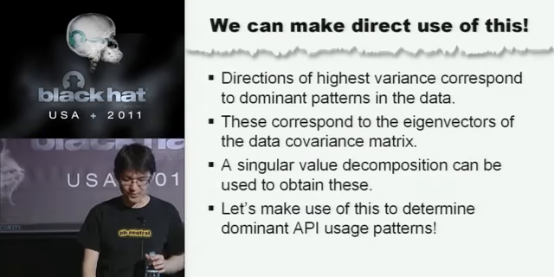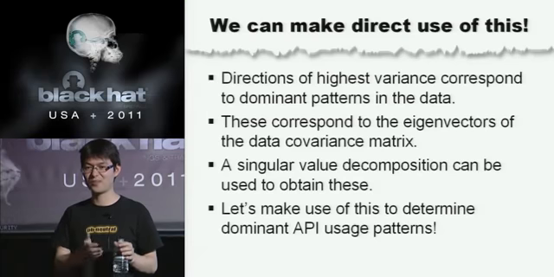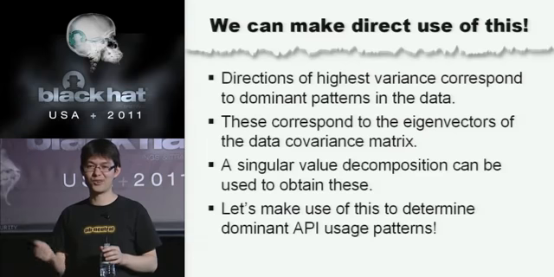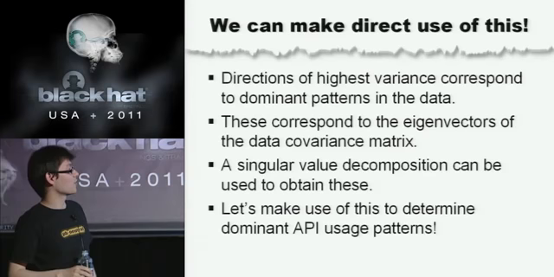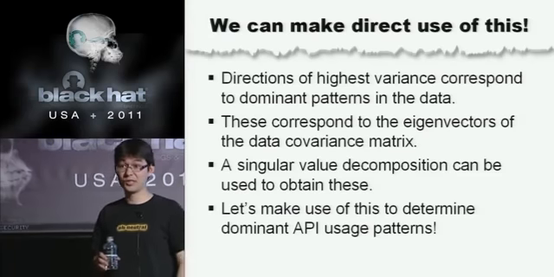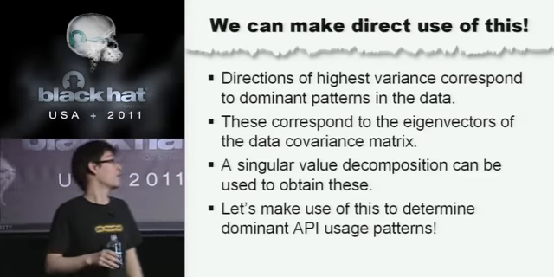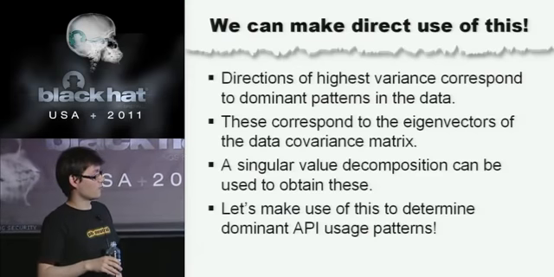So you don't really have to deal with this problem anymore. You can give that to the math guys, and they've been working on finding directions of highest variance for years. And it turns out, all the software you need to do this is already there. These directions correspond to the eigenvectors of the covariance matrix.